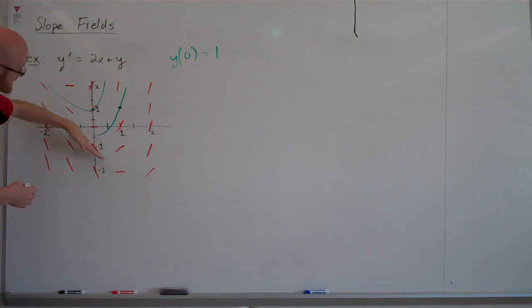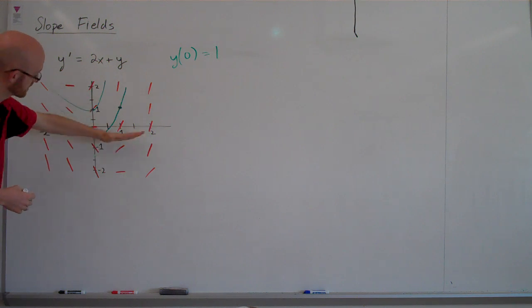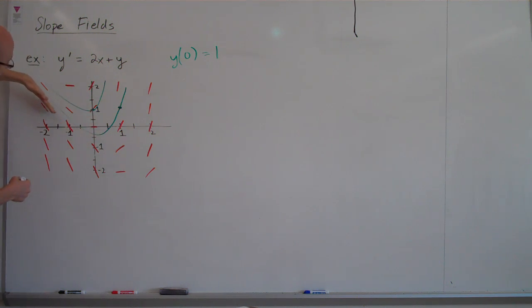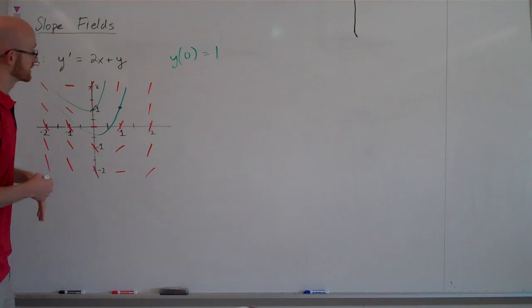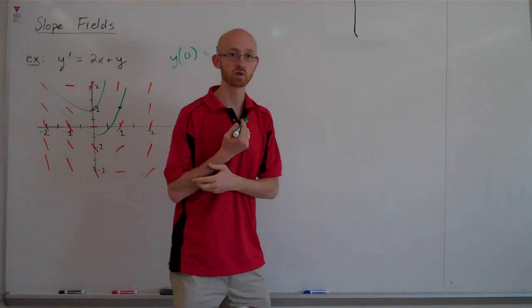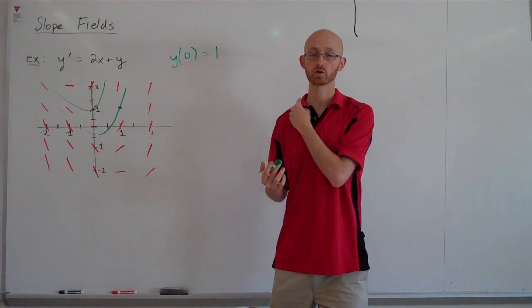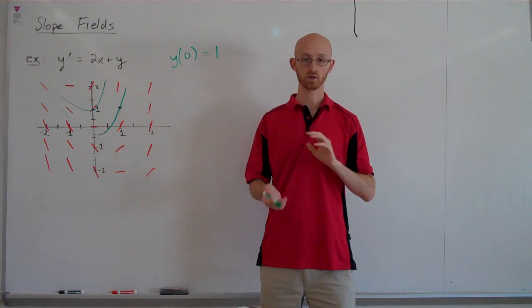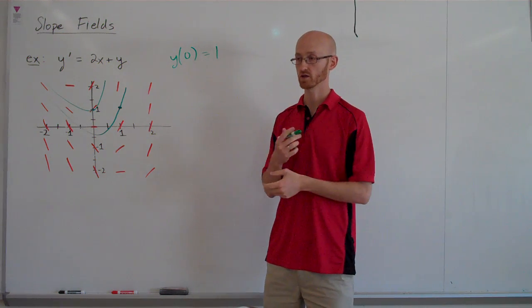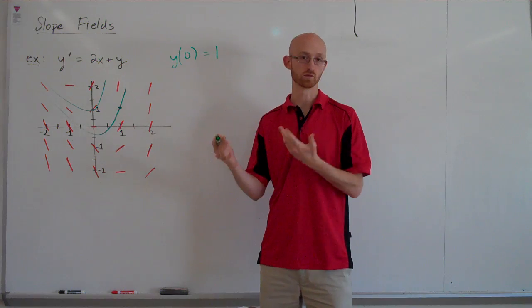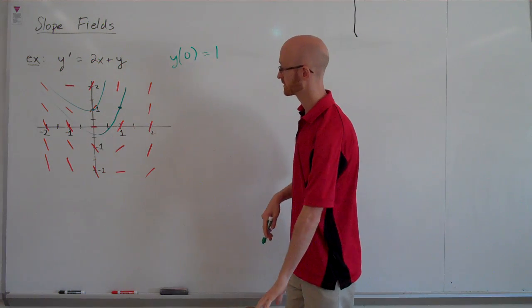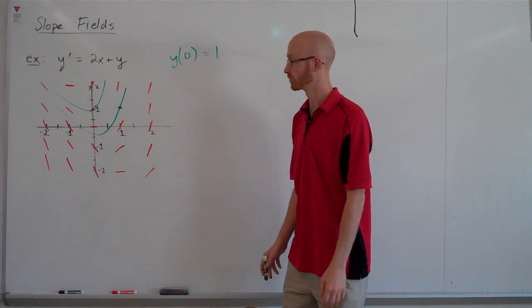Generally, we're getting flattened out somewhere in this area, and then we are sent upward. So it's just one way to represent the solutions to a differential equation, whereas last lesson we just abstractly wrote the solutions. So here we've got a graphical approach.